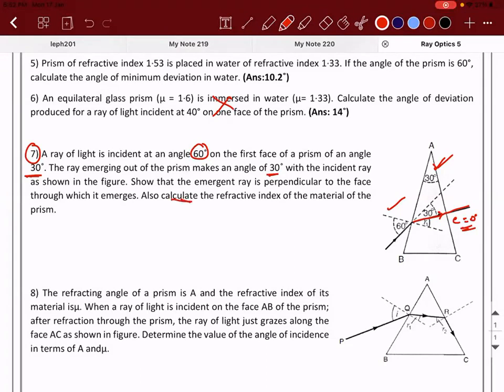Also calculate the refractive index of the material of the prism. It is a very simple problem. It is just one step. Let me see who is able to solve this. Simple geometry will give you the answer.